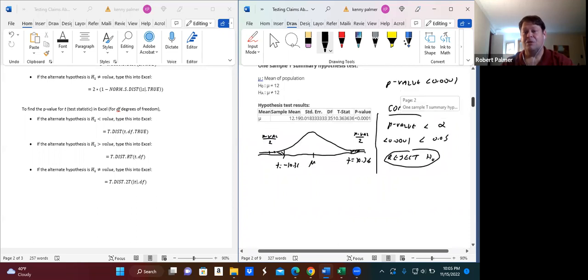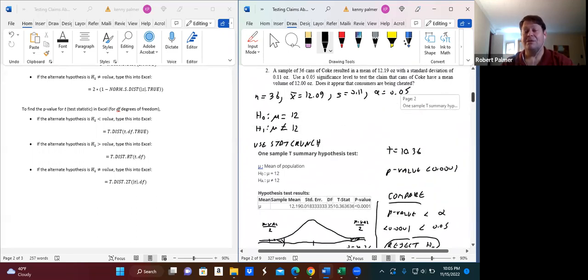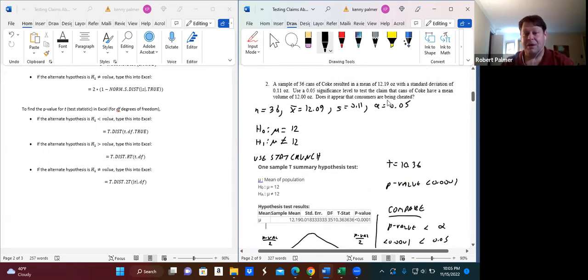Okay. Now, once again, let's go back then and summarize what this says. The claim was that cans of Coke have a mean volume of 12 ounces, and we're rejecting the null. In this case, the claim is the same as the null hypothesis, so we can reject that.